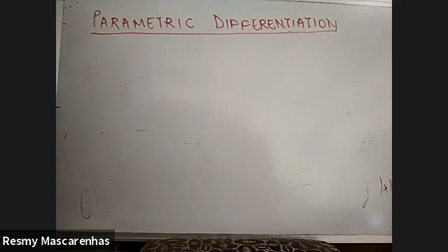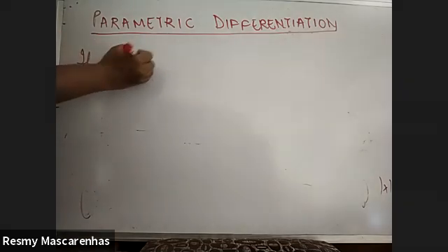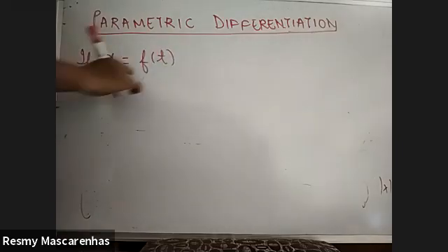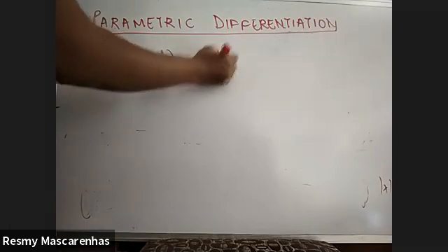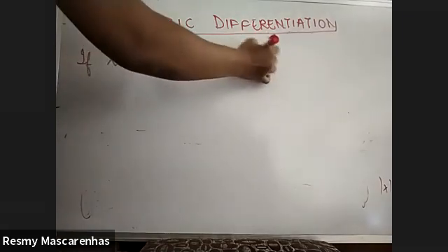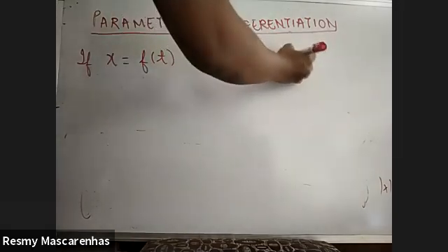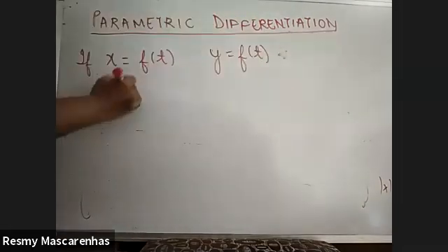So when to follow parametric differentiation: there will be two functions given to you. X will be given separately, suppose something in terms of t, f of t, and y will be given separately. And you will be asked to find dy by dx.